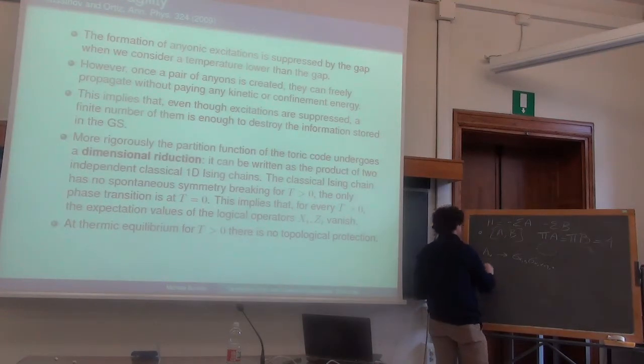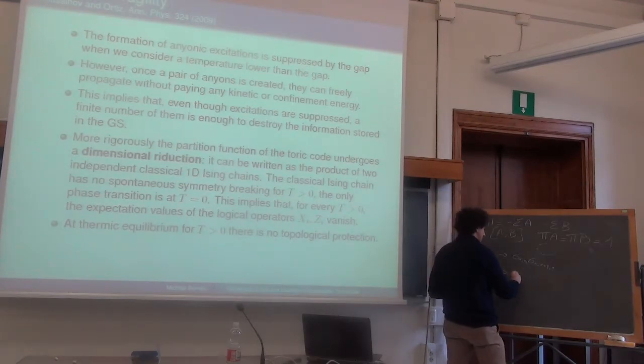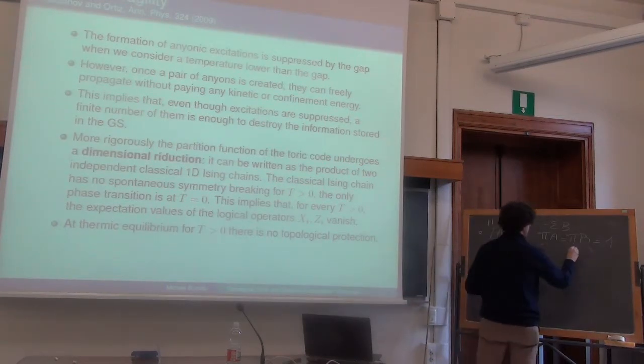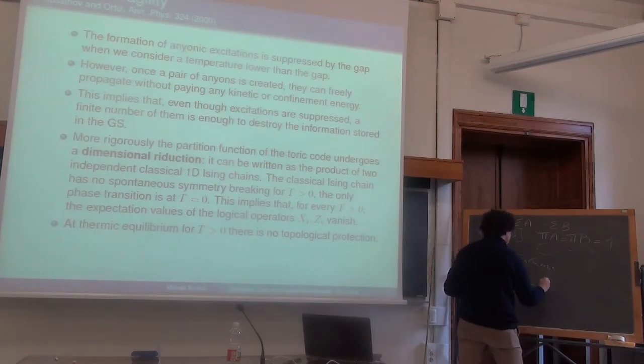And the B term, instead, I can map it in the same operator, but in a different chain. So I have 2 chains which essentially do not talk to each other completely.